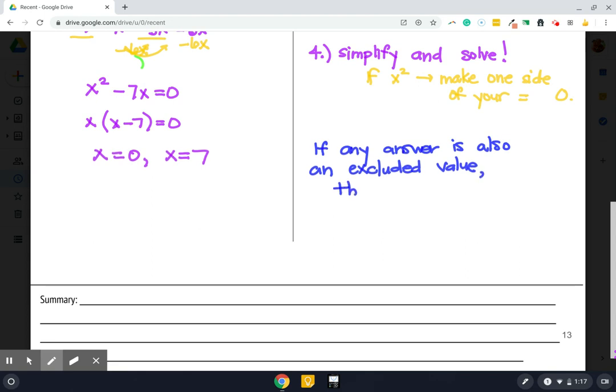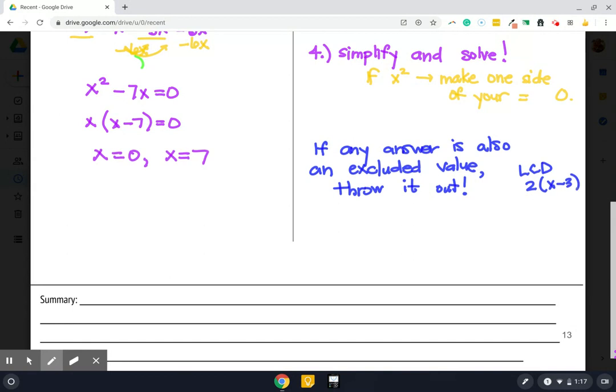So it comes back to looking at your LCD. And the LCD in this problem was 2 and x minus 3.